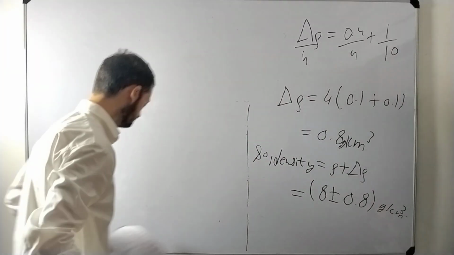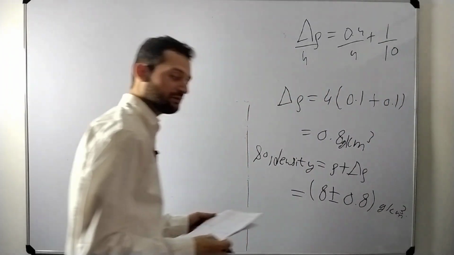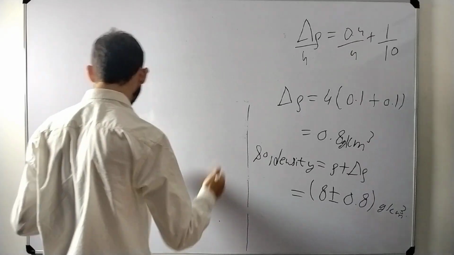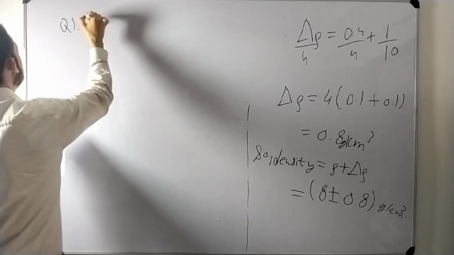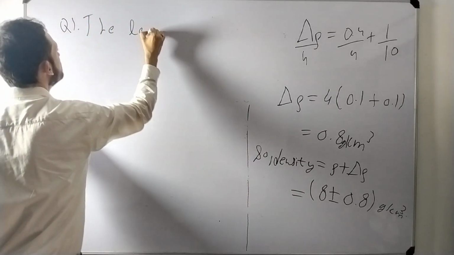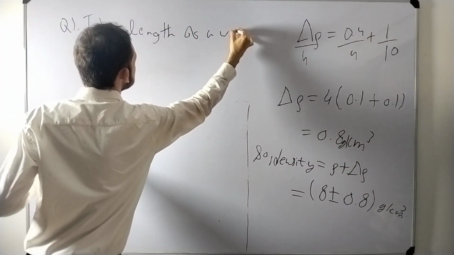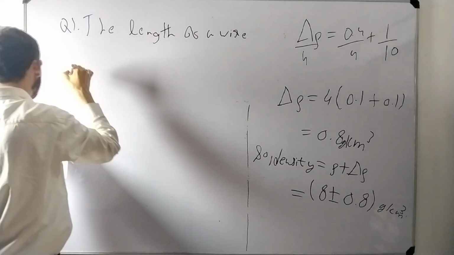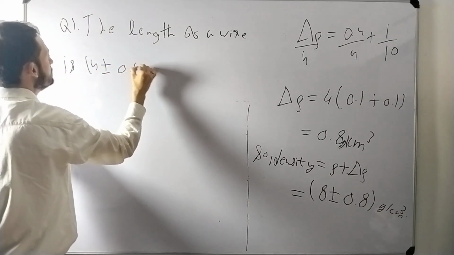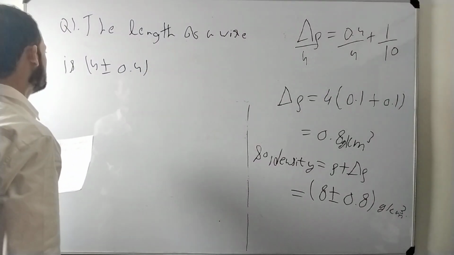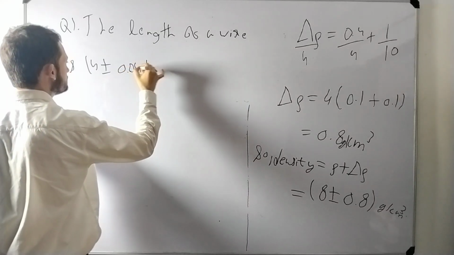Now the next question. As I have said, this would be only numericals in this lecture. The length of a wire is 4. I want to put another 0 here.